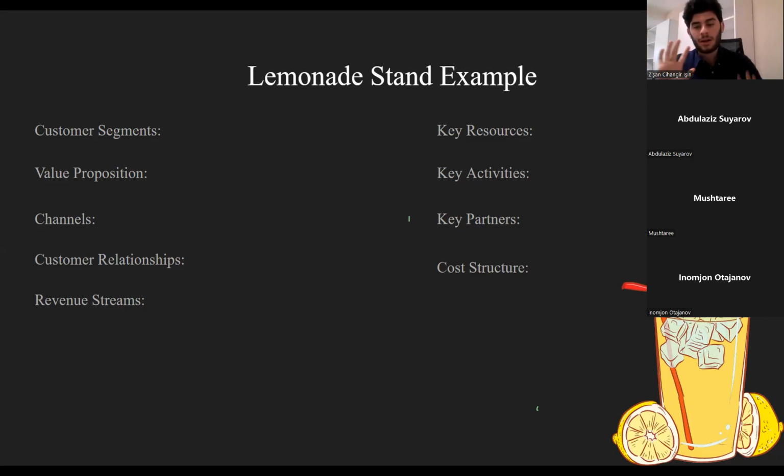Are we clear on this part? I just want to stay here a little bit more and make sure, from a more basic example, that everybody has understood how to implement a random business into the Canvas business model. Anybody?